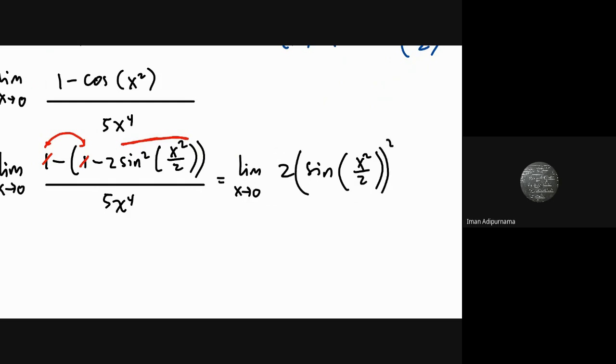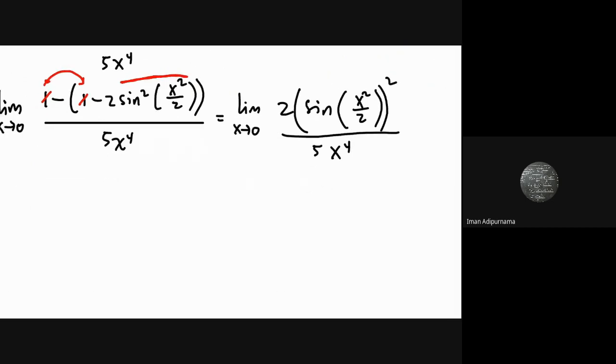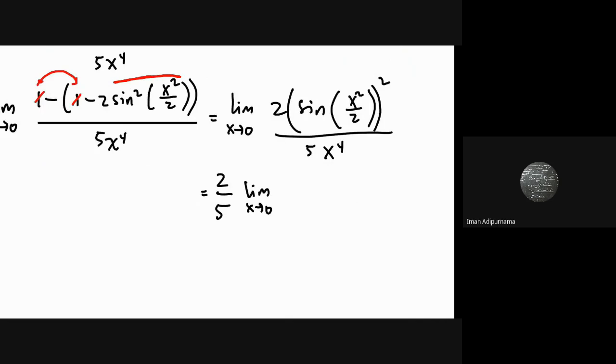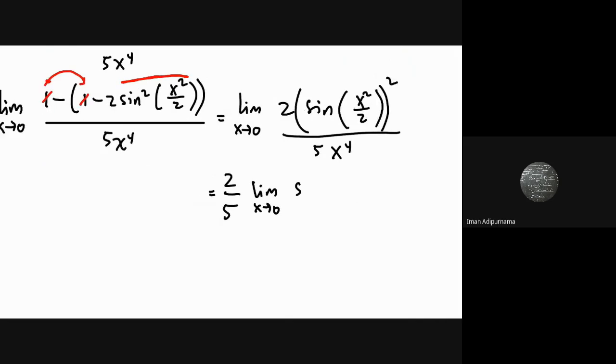Let me write this as squared like that, and we have 2x with power 4. I can factorize 2 over 5 outside the limit, and we can have x squared over 2 multiplied by sine of x squared over 2, right?